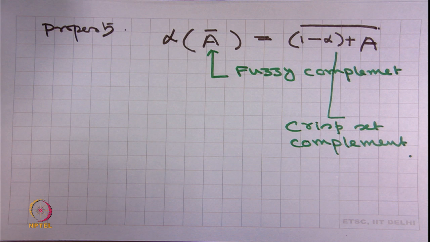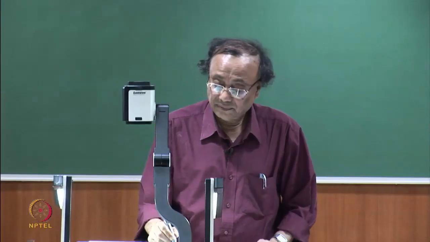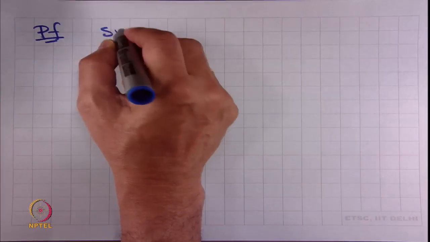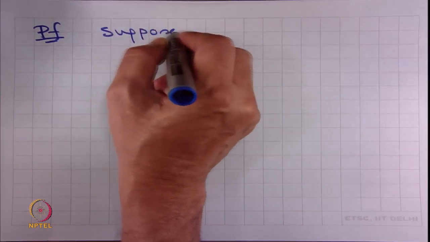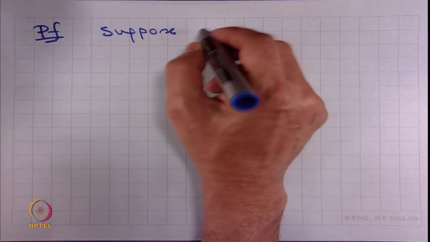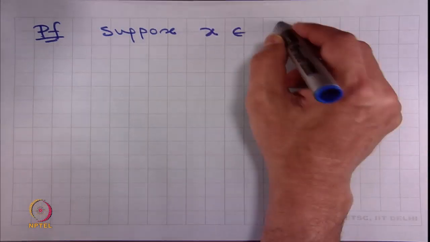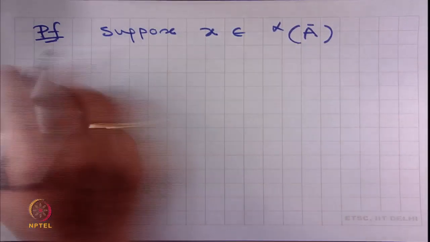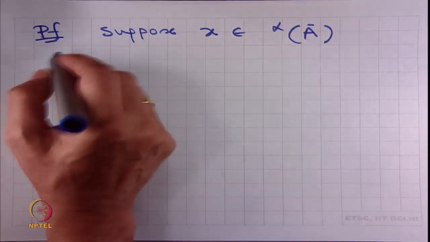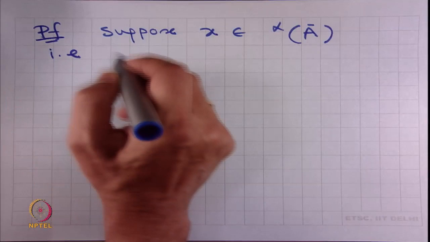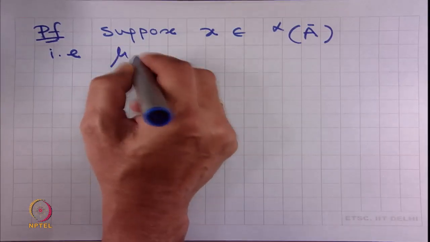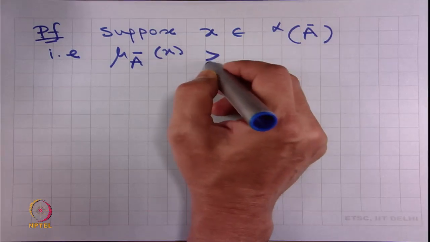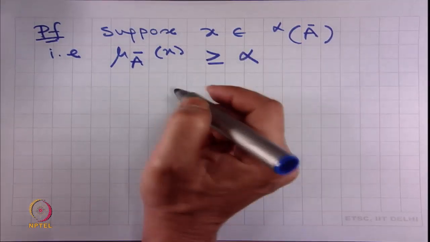Let me give the proof. Suppose x belongs to alpha cut of A complement, that is mu A complement of x is greater than equal to alpha.